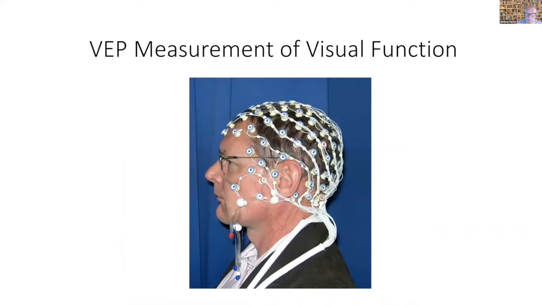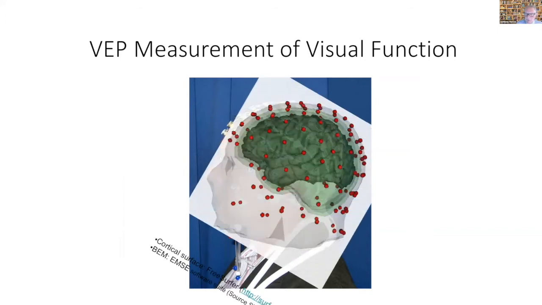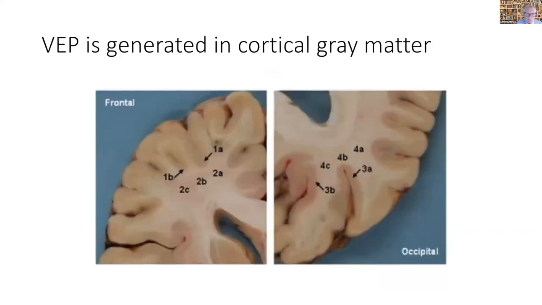So, VEP measurement of visual function, just a brief summary of how VEPs are generated. This is where the electrodes, as red dots, are located with respect to the brain. And we can see the cortical gray matter, which is the key structure that generates the VEP.